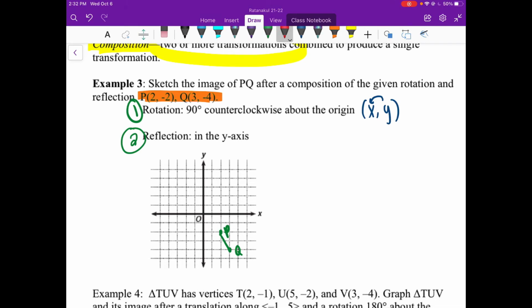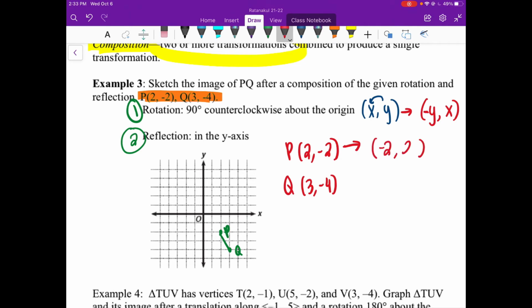Our rotation rule for 90 degrees counterclockwise says that we're going to switch our x and y value, and then we're going to make that first number opposite. So I'm going to look at my values. P is at 2, -2, and Q is at 3, -4. To do a rotation 90 degrees, I want to switch my numbers, and then I'm going to make this first number opposite.